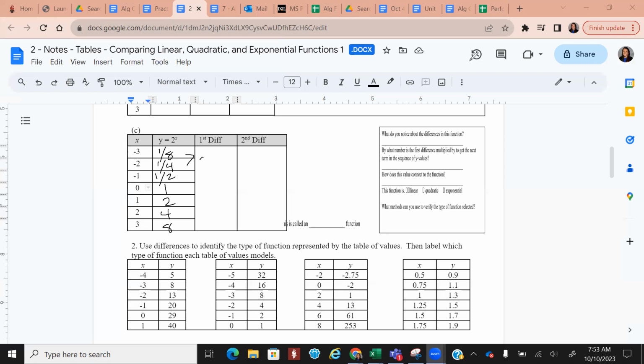Okay, so when you plug this in, you should get 1/8, then 1/4, then 1/2, then 1, 2, 4, 8. When we subtract, we're going to get something like this. Okay. And then if we subtract again for the second difference, we're going to get something like this.